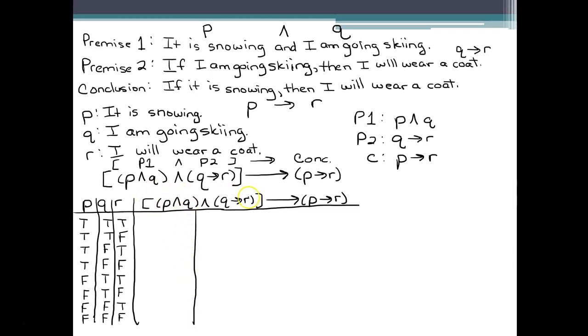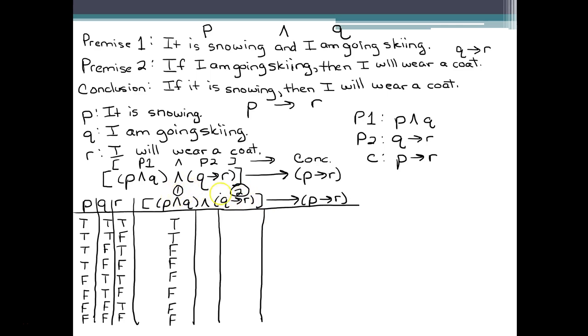First of all, we've got brackets and parentheses. So one of the first things I'm going to do is the P and Q right here in the parentheses. P and Q. T, T, F, F, F, F, F, F. Then the other parentheses in the brackets is the if Q then R. So I'm going to do that next.